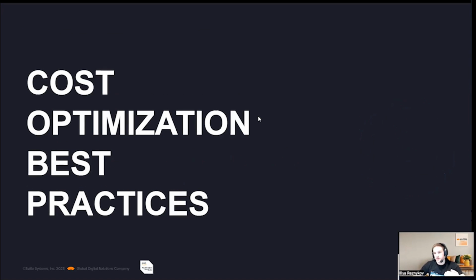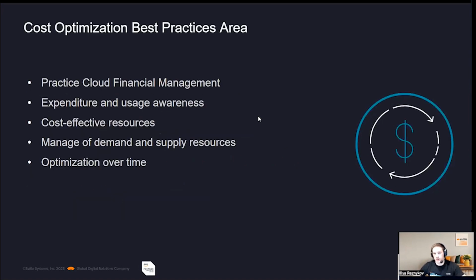Related to these design principles, we may mention the best practice areas. First, we need to practice cloud financial management, and from the point of view of how to implement it, we need to establish a cost optimization function. It should be a person, or even a team if the workload is huge, who cares about cost optimization.